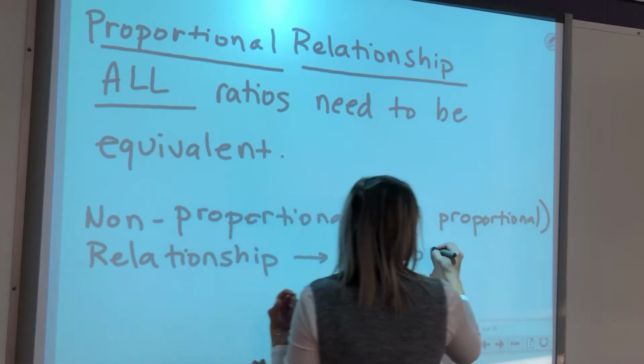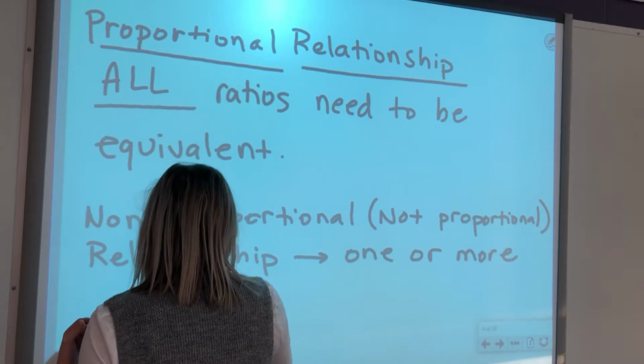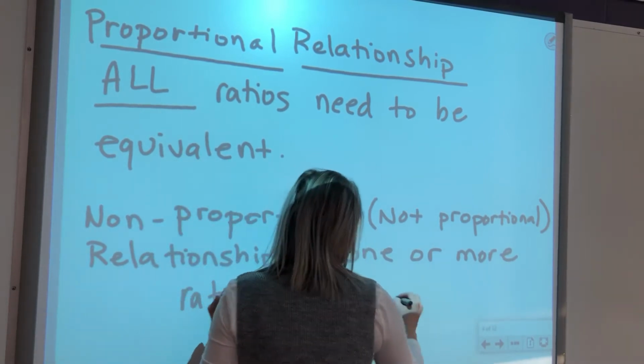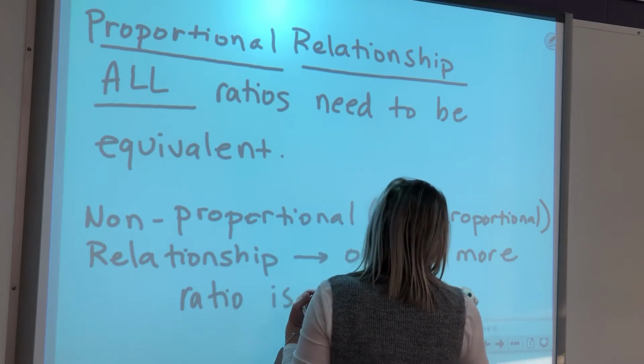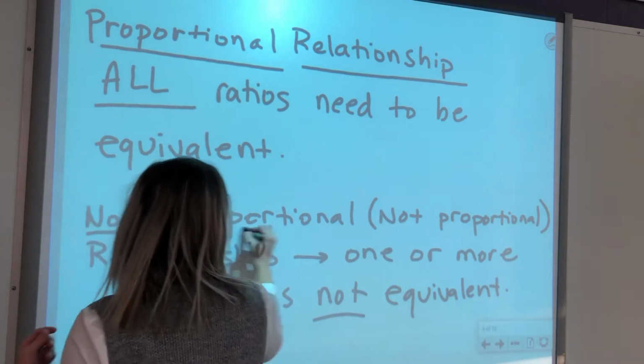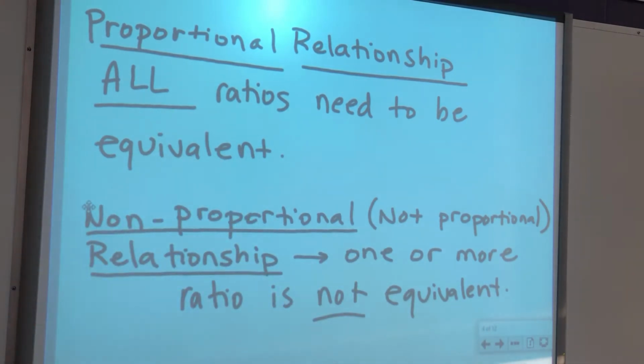So one or more ratio is not equivalent. Okay? So a non-proportional relationship, one or more ratio is not equivalent.